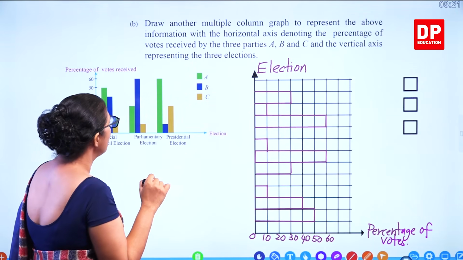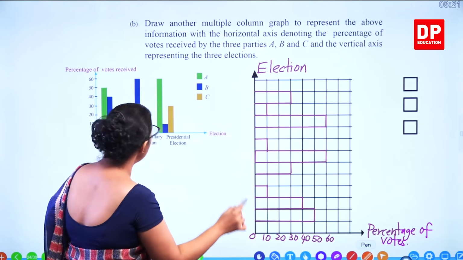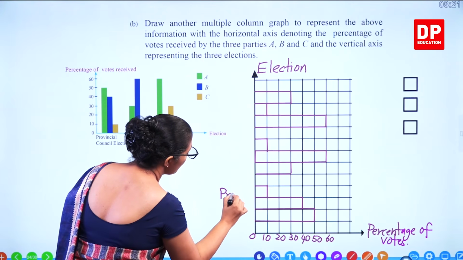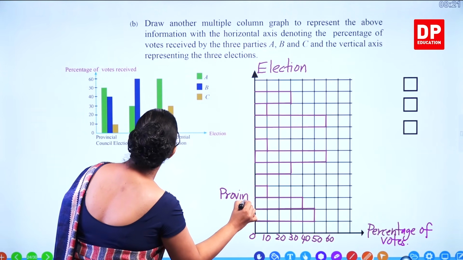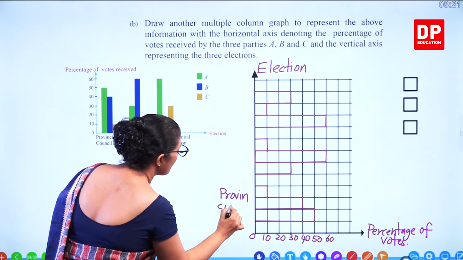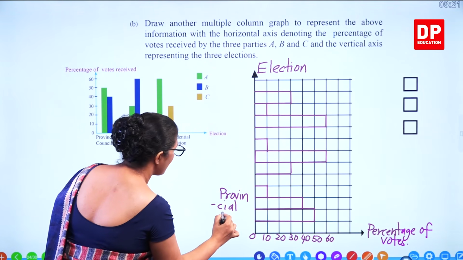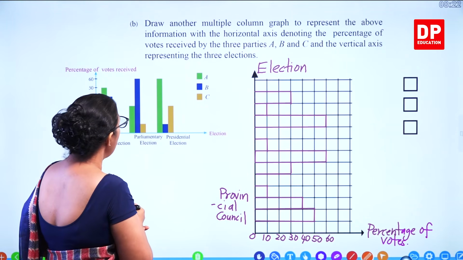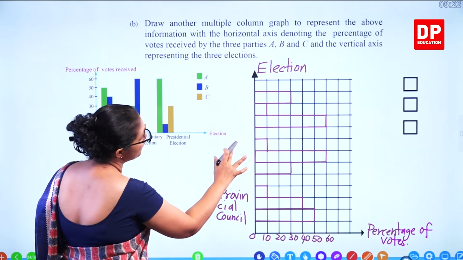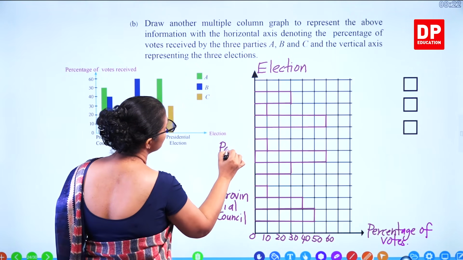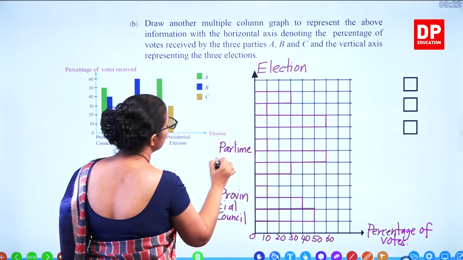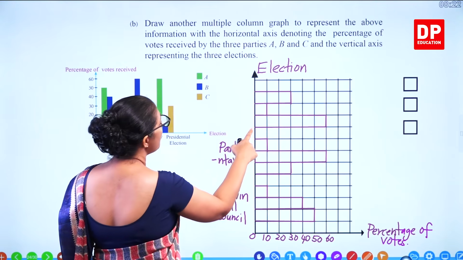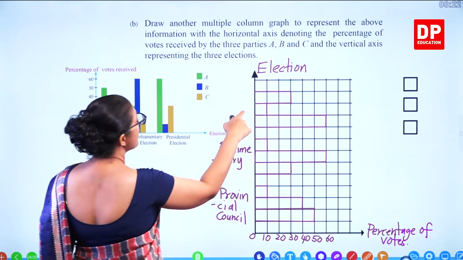So that's presidential. Now we'll label: this is provincial council, and parliamentary here, this one. And this one is presidential.